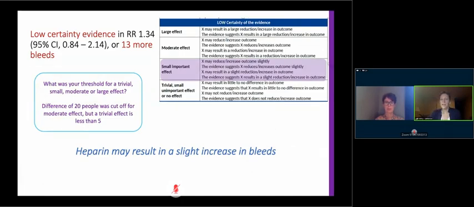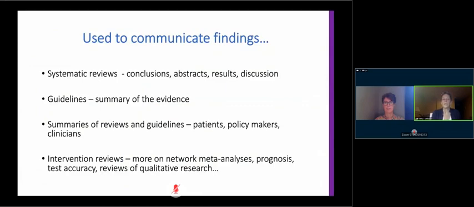And then just to say that this way of communicating can be put into your systematic reviews. It could be put into guidelines when you summarize the systematic reviews in your guidelines. It can be put into any type of summary when you're communicating to different groups. We are working on these statements when you do a network meta-analysis or a prognostic review, and even with diagnostic accuracy, and also there's a group working on this for when you do systematic reviews of qualitative studies.